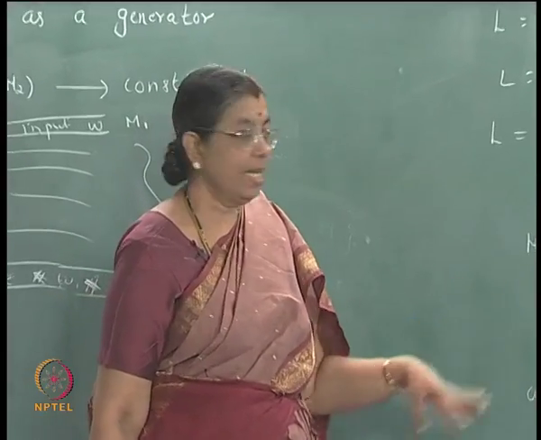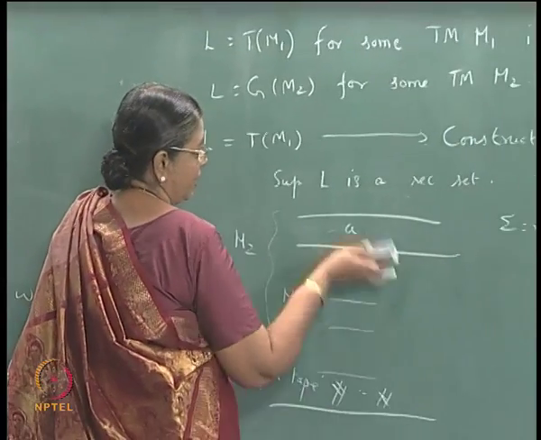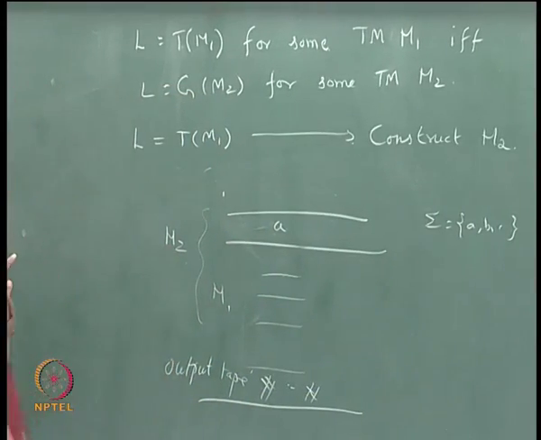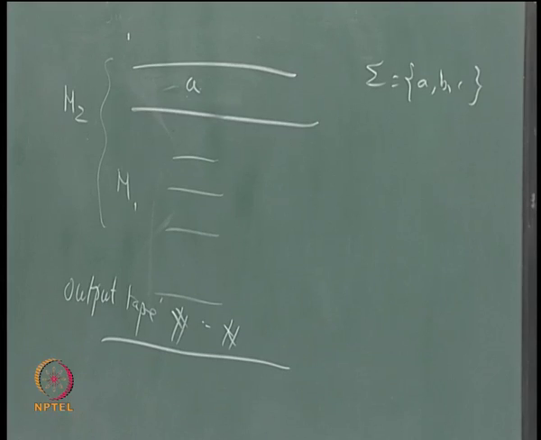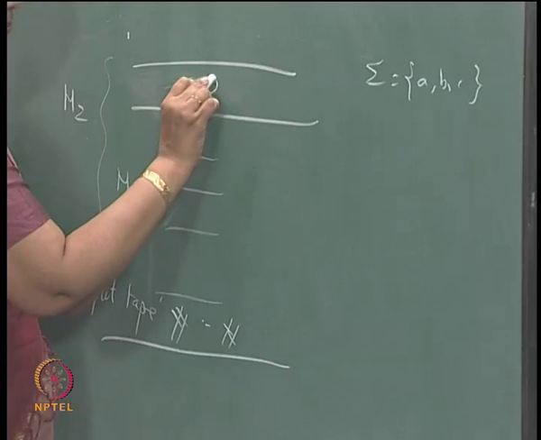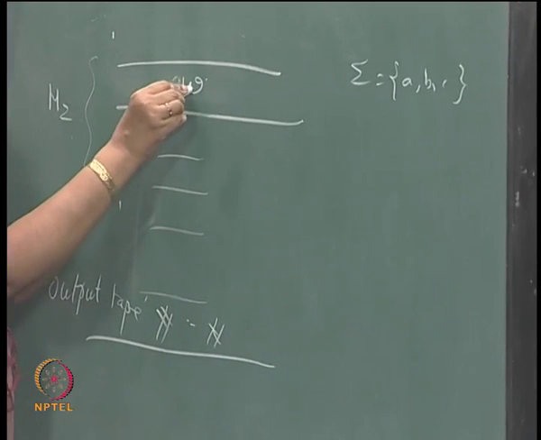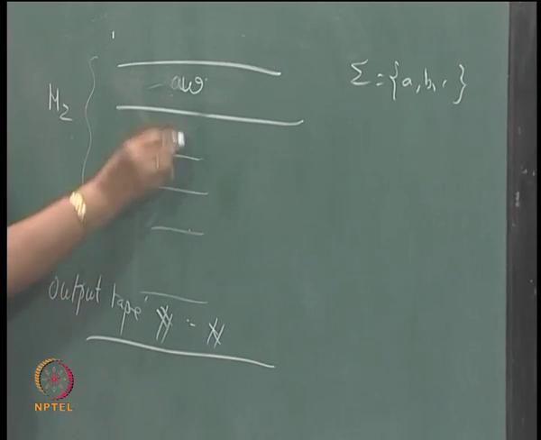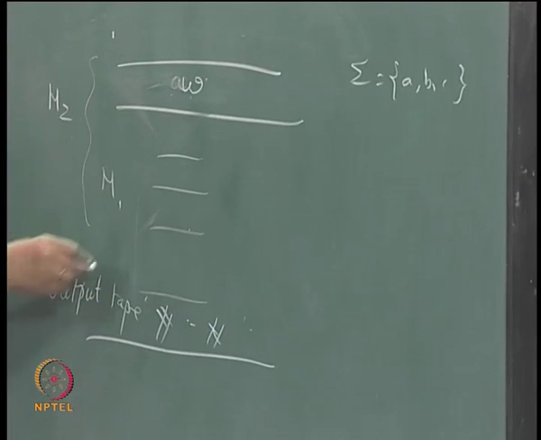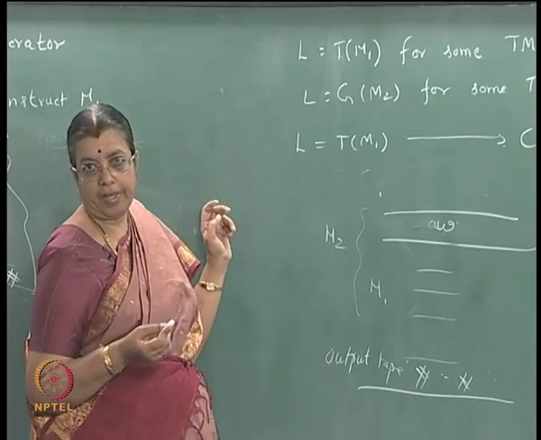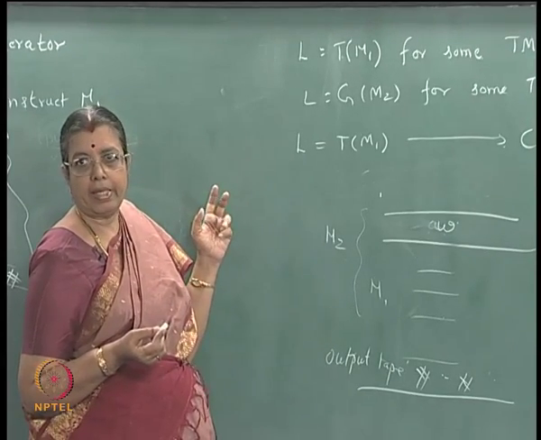But the Turing machine need not halt always. This is not true. In that case, what will happen? What happens is, if there is a string W, it will simulate M1, and if it accepts, it can print. But if it does not accept, it gets into a loop. It cannot keep on simulating the behavior of M1 on W infinitely, then it will not be able to do anything.